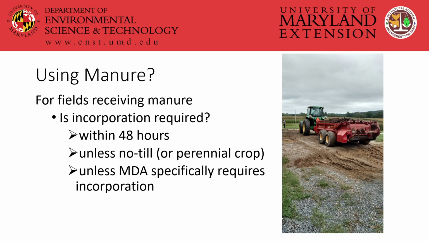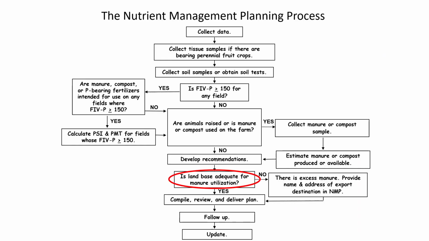It's a no-till management there. So they don't have to follow this rule. But if they are typically tilling as part of their operation, they need to till in within 48 hours. MDA always does reserve the right to require incorporation under certain situations. They don't do that unless there's a really good reason, but they do that sometimes.